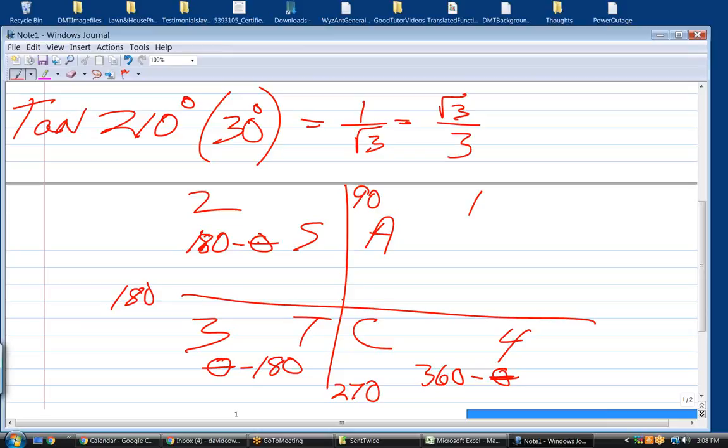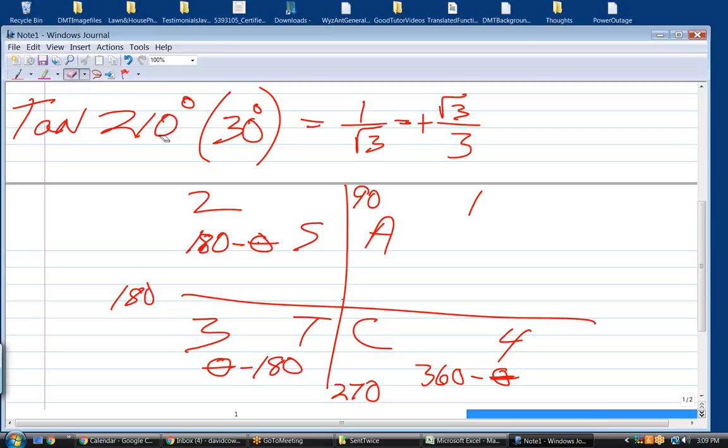But now I still have to figure its sign. It's plus or minus. So what is it in the third quadrant? Is it plus or minus? In the third quadrant, it's plus. Correct, because it's tangent. So the tangent of 210 ends up being exactly the same as the tangent of 30.